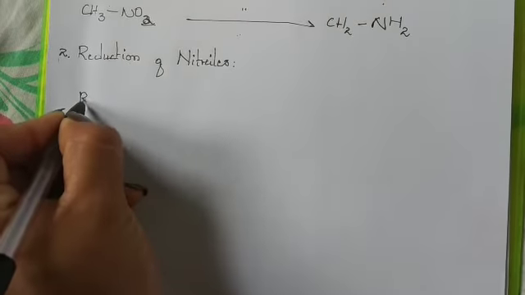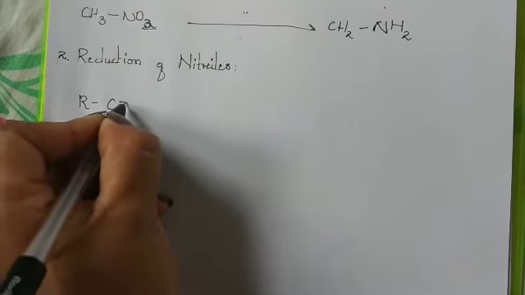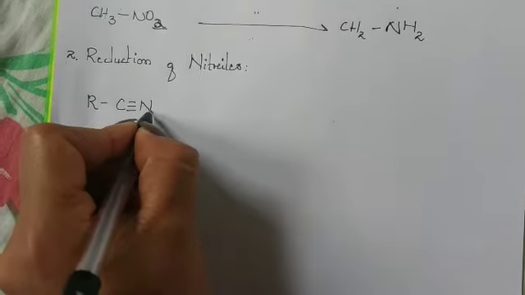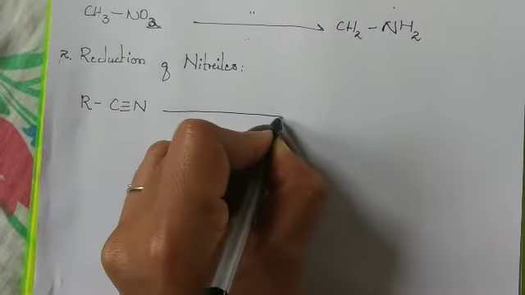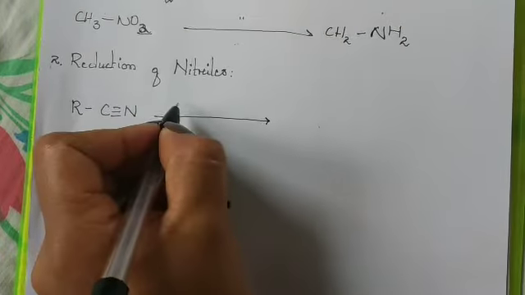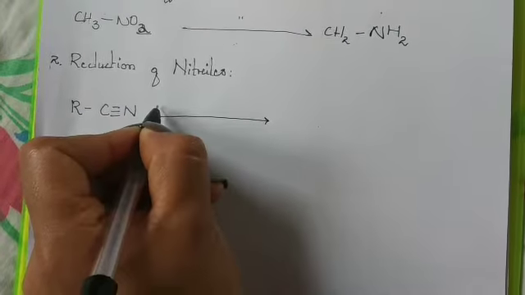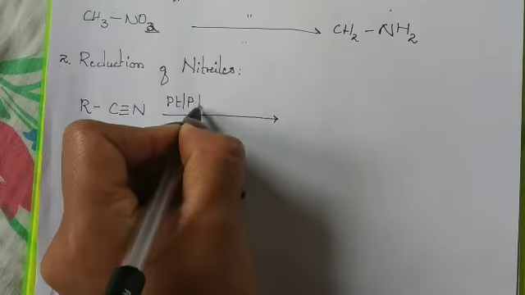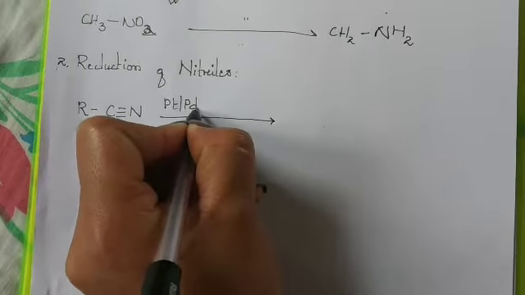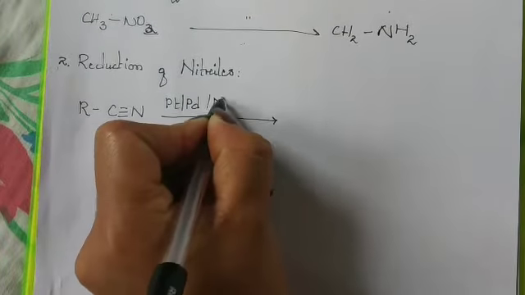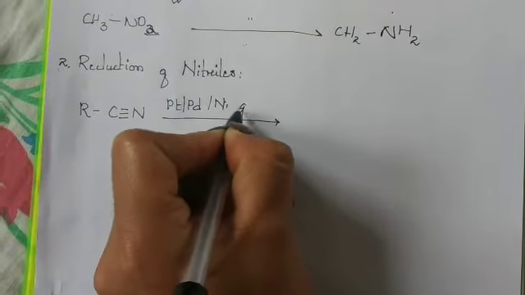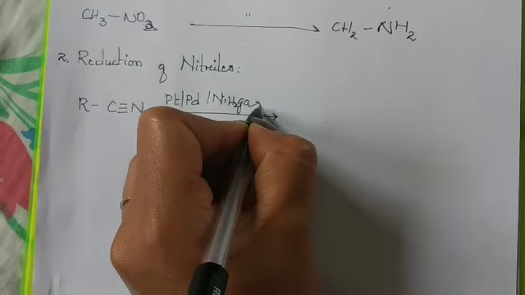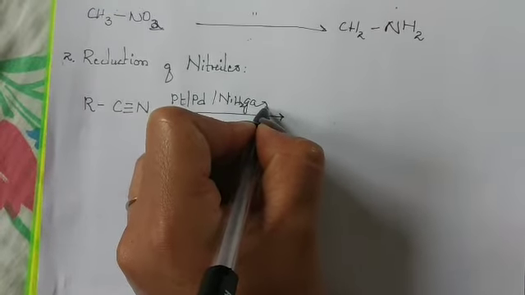Therefore, here is our nitrile, meaning a triple bond. Now, this can be reduced. We can use lithium aluminum hydride or catalytic hydrogenation, catalytic hydrogenation with platinum, palladium, and H2 gas.